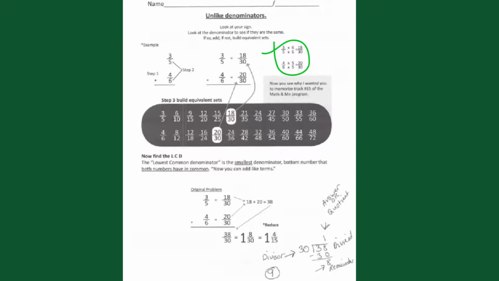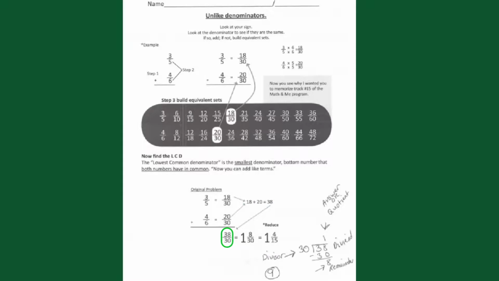The factor 6 times the factor 5 equals a product of 30. Now we simply add our numerators. 18 plus 20 equals 38. In our original fraction, the like denominator was 30.